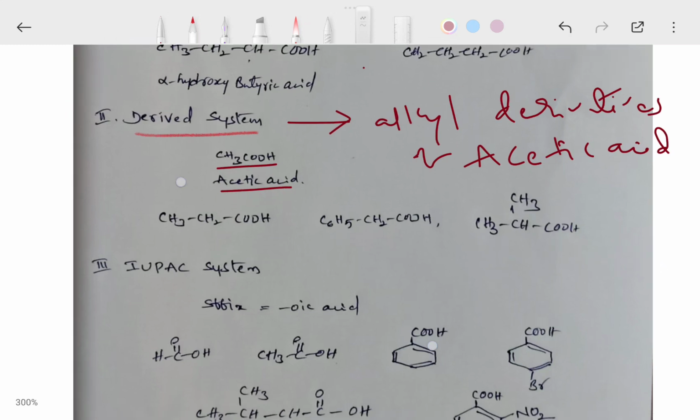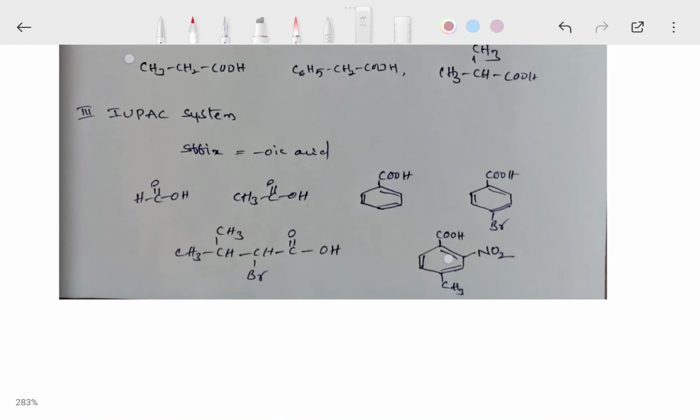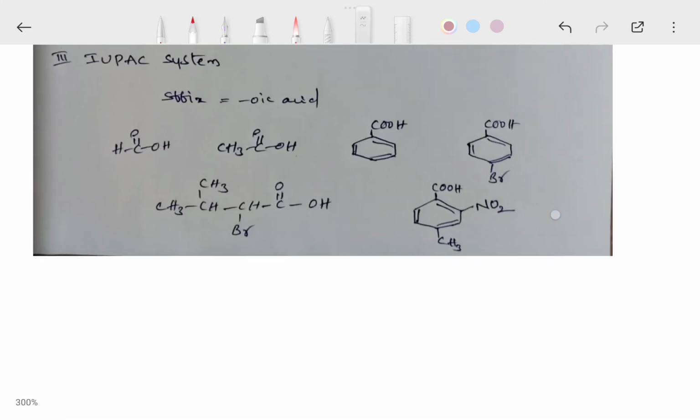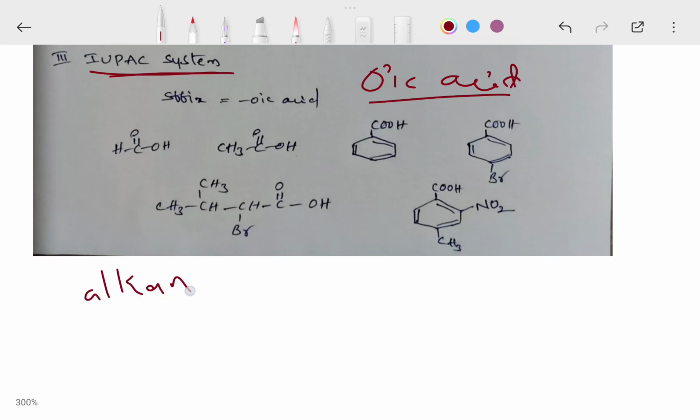Now the third method is the IUPAC system. In the IUPAC system, the suffix name of carboxylic acid is oic acid. So the aliphatic carboxylic acids are called alkanoic acids.